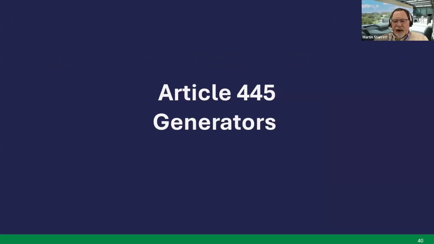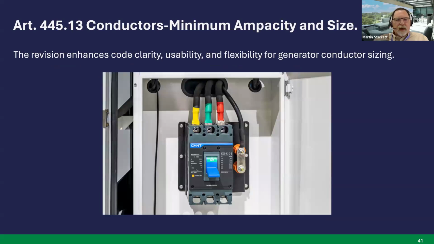Generators, Article 445. 445.13, conductors, minimum ampacity and size. This revision enhances code clarity, usability, and flexibility for generator conductor sizing. You've got with overcurrent protection or without overcurrent protection. This article, like I said, clarifies the sizing requirements. Looks real good.